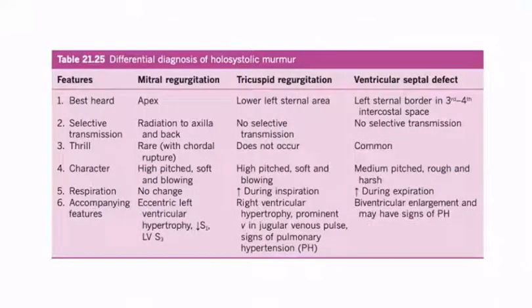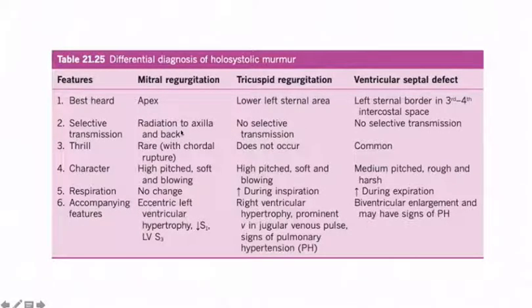So the differential diagnoses of holosystolic murmur are mitral regurgitation, tricuspid regurgitation and VSD. Mitral regurgitation is better heard at the apex, whereas tricuspid regurgitation is better heard at the lower sternal border, and ventricular septal defect in the third or fourth intercostal space at the left sternal border. And based on radiation also we can differentiate.